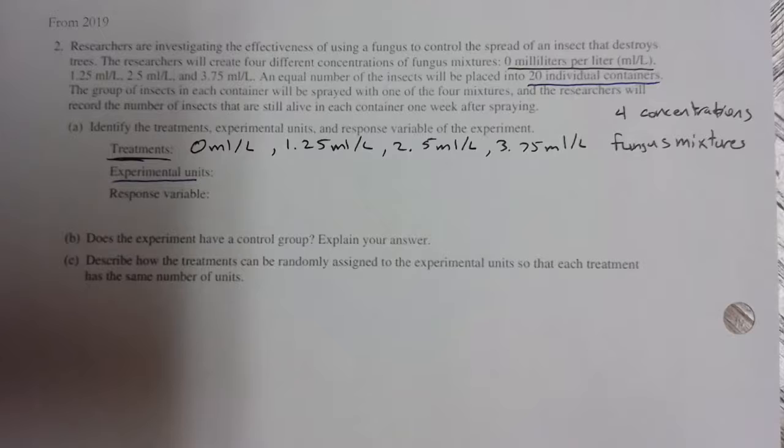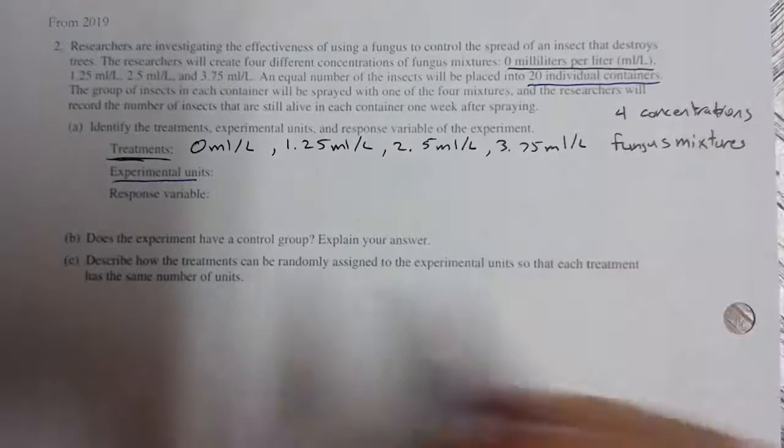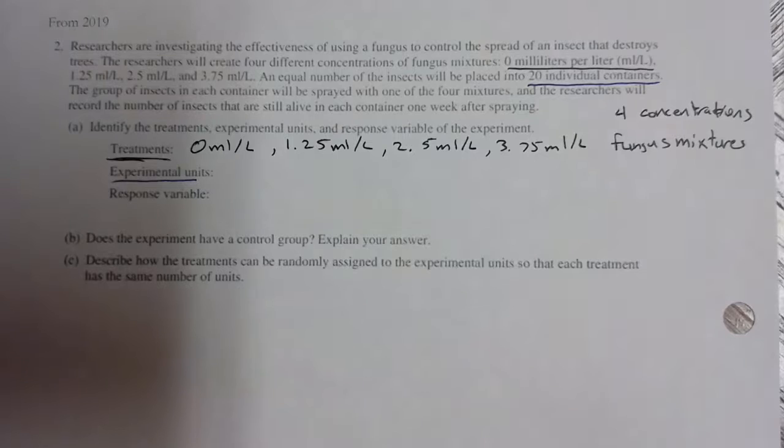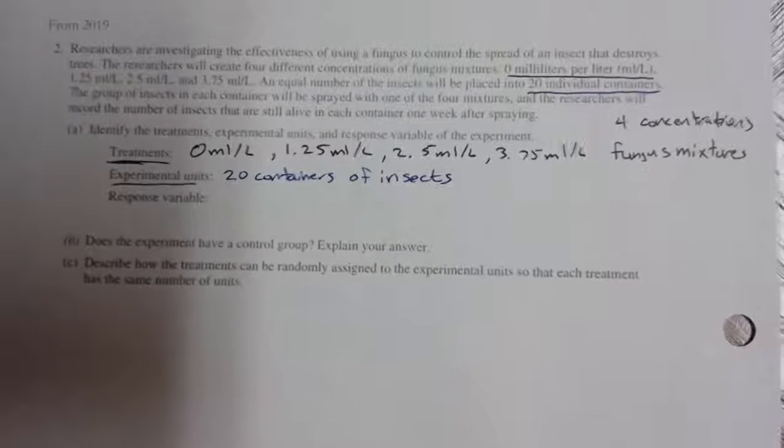Now you can say groups of insects in the containers, that's okay, but you have to mention that it's this group of containers, and we're putting the treatments in the containers, and the insects just happen to be in them. So the experimental units are these containers, not the specific insects. So the experimental units are the 20 containers, and you can, like I mentioned, say 20 containers of insects, or even equal number of insects, but it has to be about the containers.